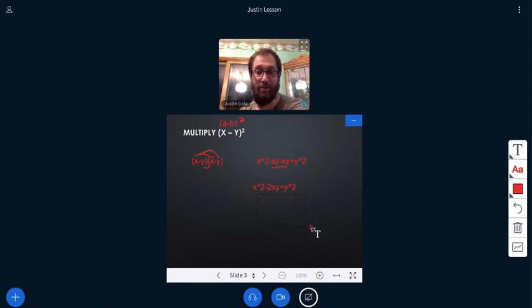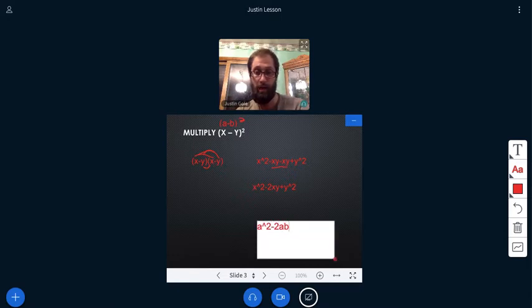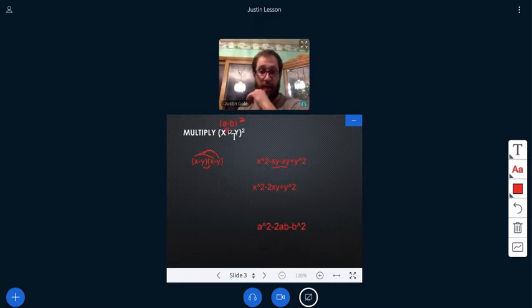And this we know is going to end up being a squared minus 2ab minus b squared. So what that means is I'm going to take the first term, x, and I'm going to square it. And that is my answer right here, x squared. Then I take negative 2, because it's a minus sign. Minus 2 times a times b, minus 2 times x times y.